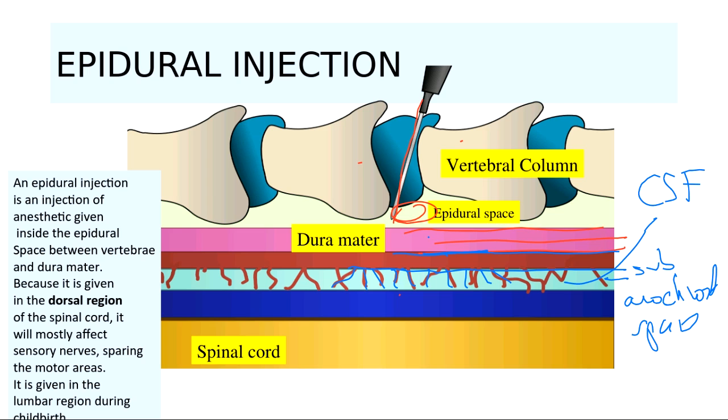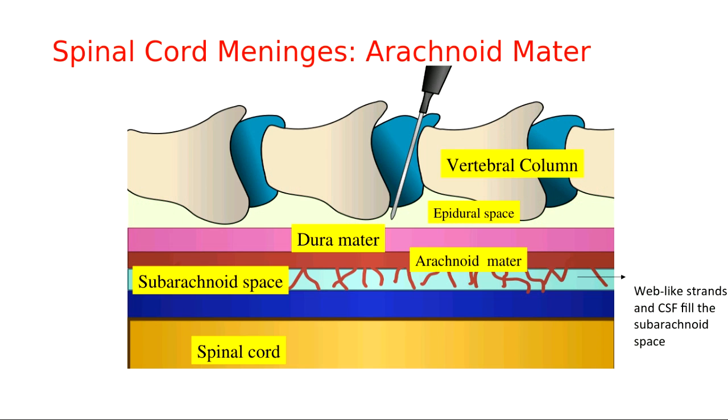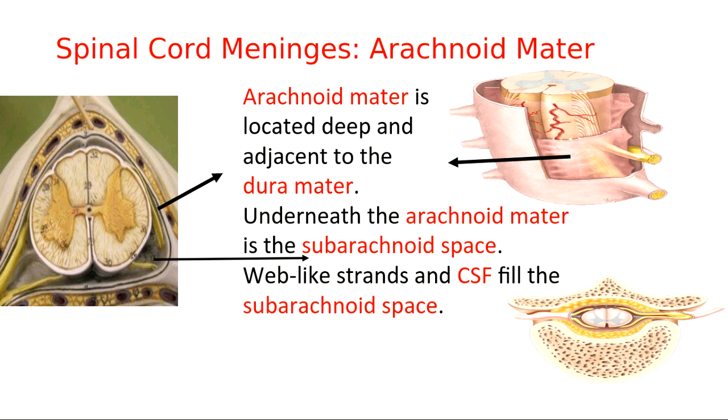And then the last meninges is the pia mater, which is touching the spinal cord. So arachnoid mater is touching the dura mater, deep to the dura mater. Below it is the subarachnoid space, which is filled with CSF. So in this picture, this space right here is the subarachnoid space.